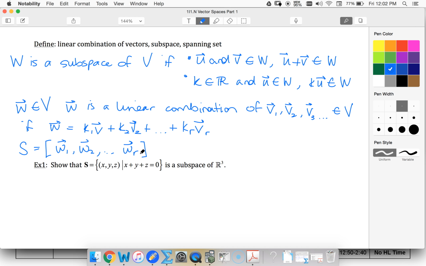So we would say that S spans, so our span is all of these vectors W1, W2, etc. Your book would say, let's put an equal sign here, they would say LIN for linear combinations, W1, W2, etc. So basically we're saying that all of these vectors, these are the least number of vectors I need to form linear combinations to get all of the vectors for my set.